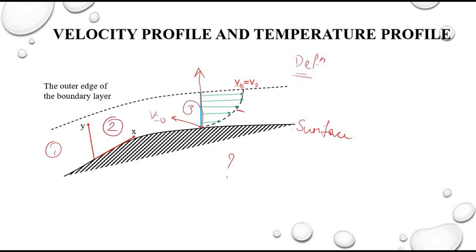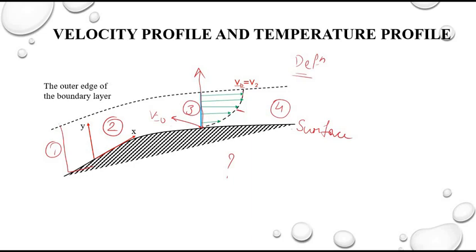At point 3, we already have a velocity profile, and this is my point 4. Let us say that I want to sketch my velocity profile, that is, the variation of velocity at all these 4 points. Now, the point over here is that at every point I will have a different velocity profile. Okay. So this was about the velocity profile.